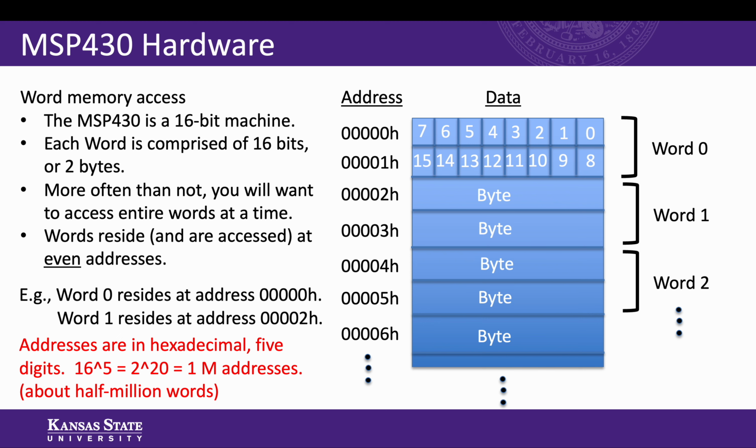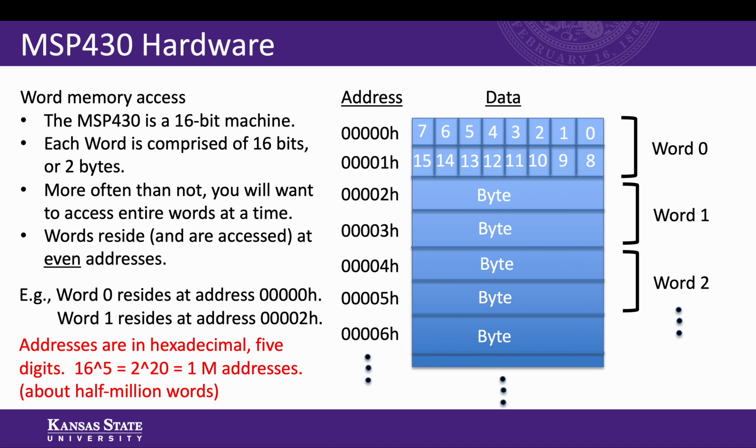So because 4 bits encodes 1 hexadecimal digit, you see that we have 5 hexadecimal digits there on the address. That most significant digit is going to be a 0 usually, leaving us with 4 hexadecimal digits.